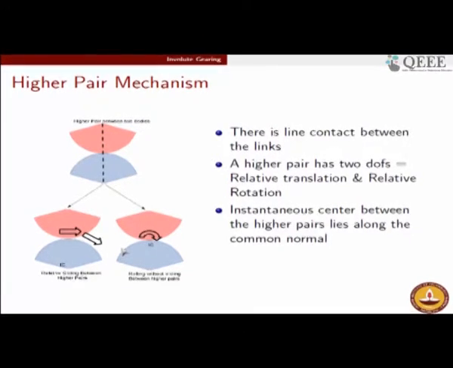But then you realize that when the bodies are forming a higher pair mechanism, there can be two possible relative motions, either curvilinear translation or relative rotation about the point of contact. If it is relative rotation about the point of contact, then, as I said, the point of contact is under a no slip condition.